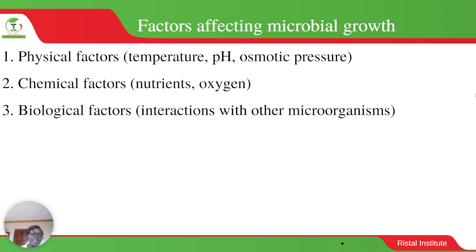Cell numbers are often represented as log 10 since they are larger. Bacterial cells, remember we said the other time, reproduce by the process of binary fission. The time taken for cells to double is called generation time, or the time taken for cells to divide, from cell formation to division.